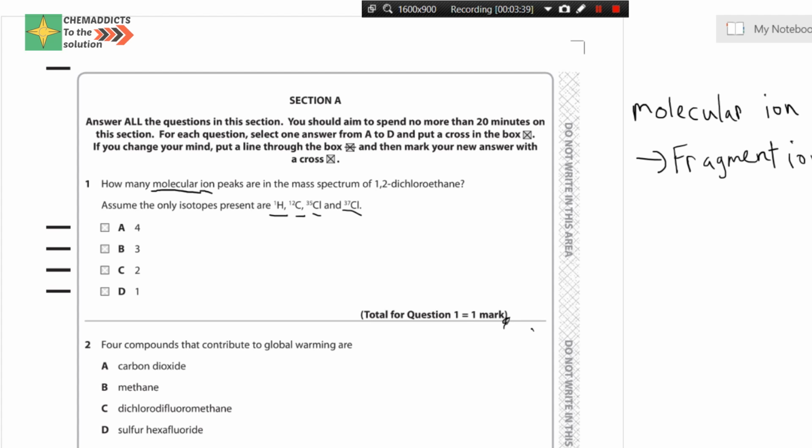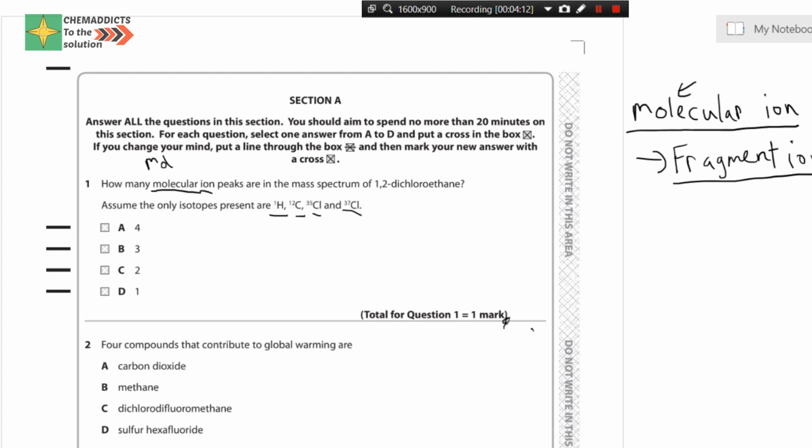So there is a difference between molecular ion and fragmented ion. The fragmented ion is the one that is formed from the molecular ion, so they are not the same thing, they are different. Here they have asked about the molecular ion peak. More specifically, this molecular ion can be called a molecular cation.